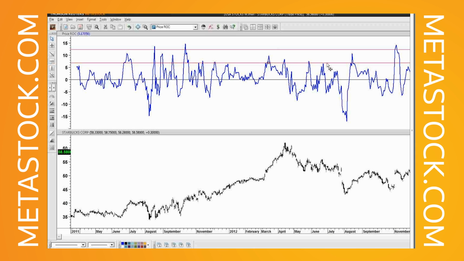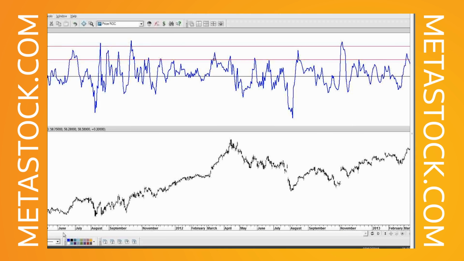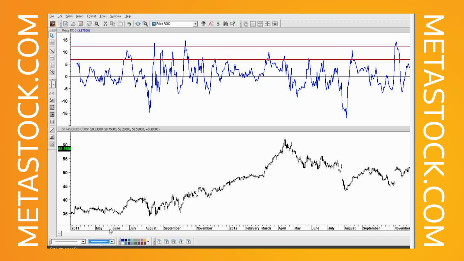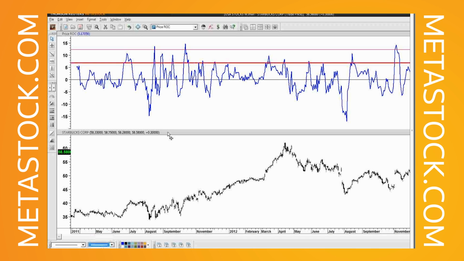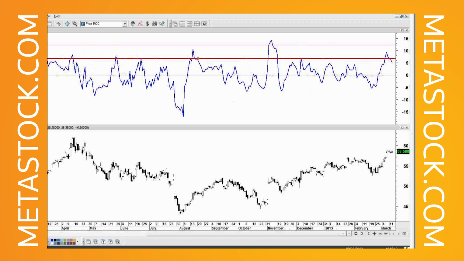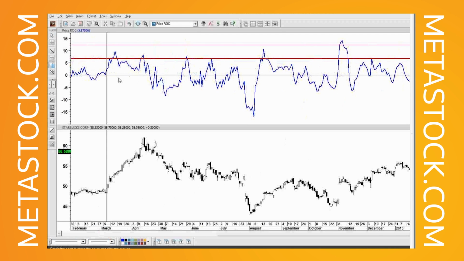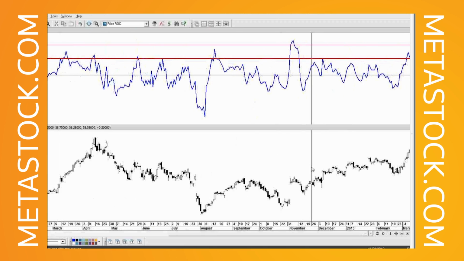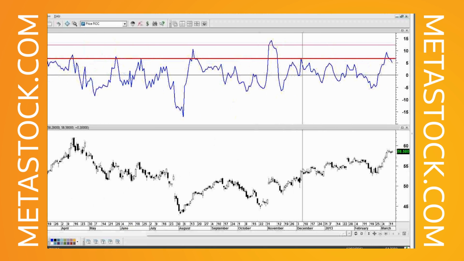I check the parameters, 7, right? So look at what's happening here. Make it blue in order not to mix it up. And always make the central line, I mean the zero line, another color except the color of the oscillator and the red lines, right?